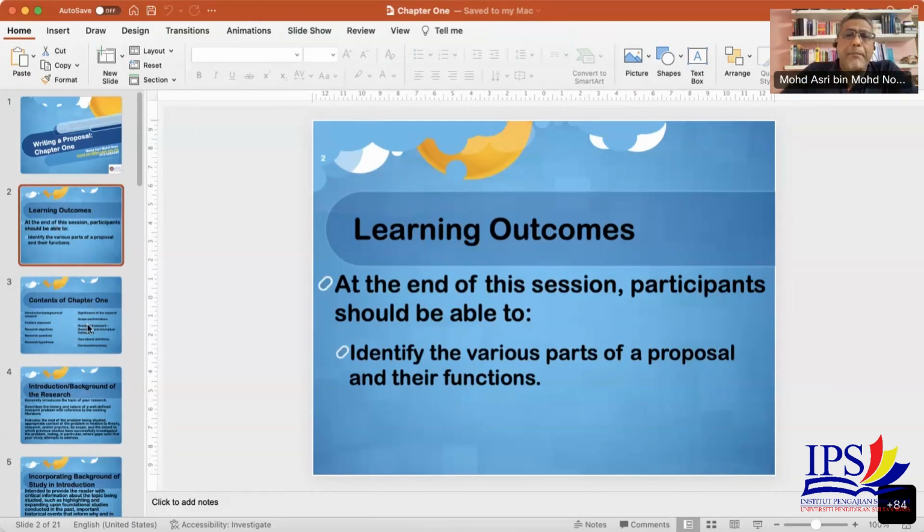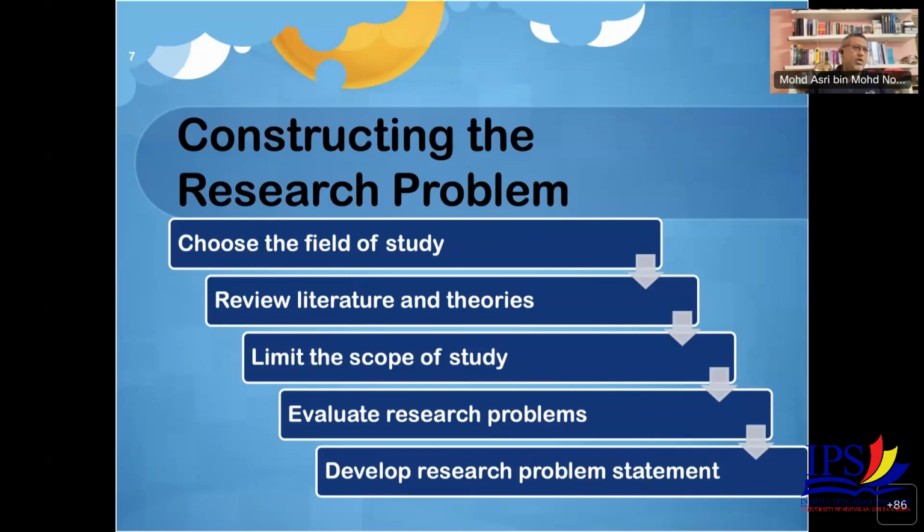And then you start limiting the scope of the study, because you want to make sure that what you want to study is something that can be covered. The area is not too big that you won't be able to cover everything.